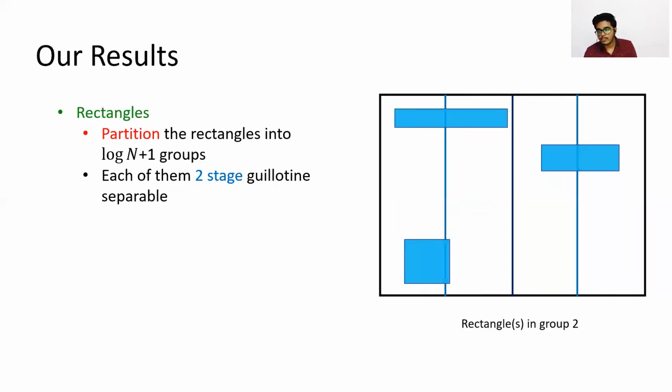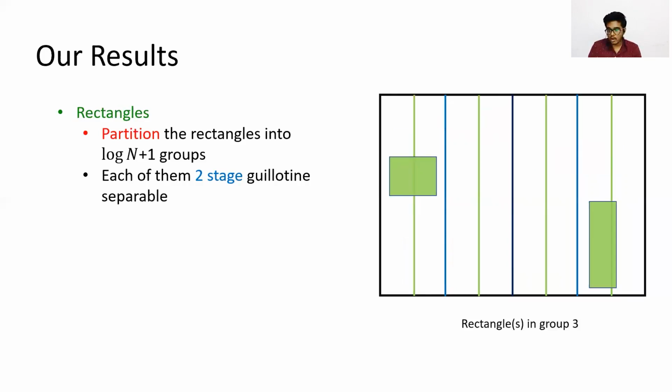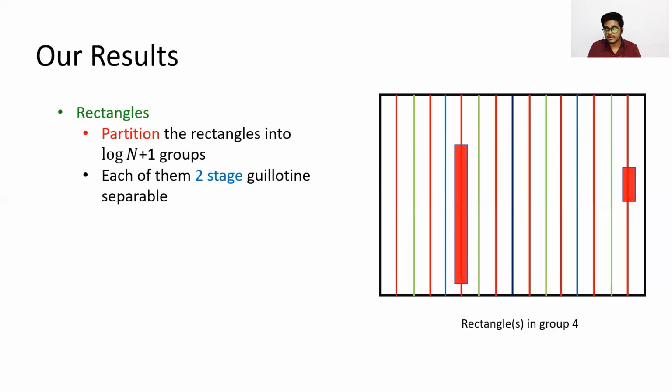They're intersecting poles of level 2. As you can see, these are guillotine separable as well. How? Just cut along the middle line and extract all the rectangles from both subpieces by slicing horizontally. This argument works.